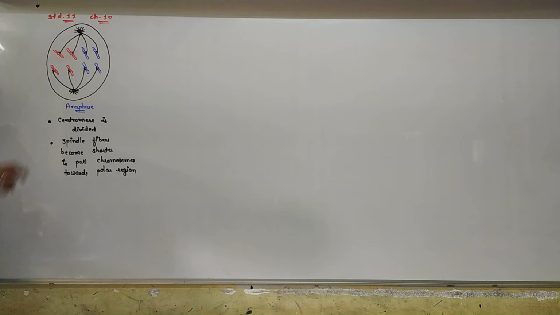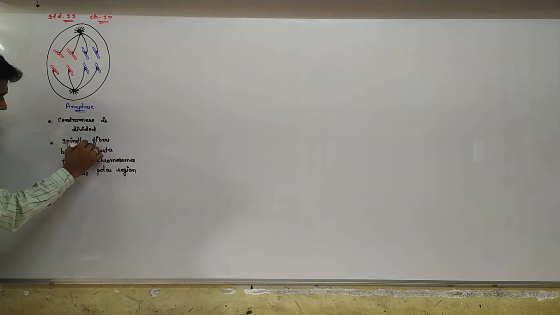Okay, so from one chromosome, half chromosome is moved towards this pole, half chromosome is moved towards this pole. So spindle fibers are shortened.